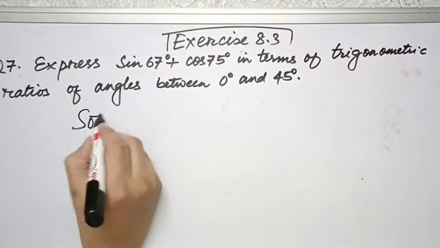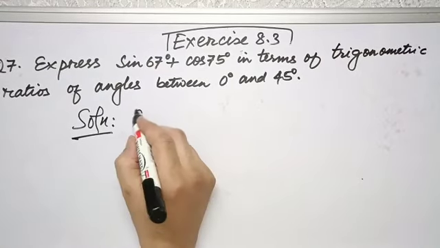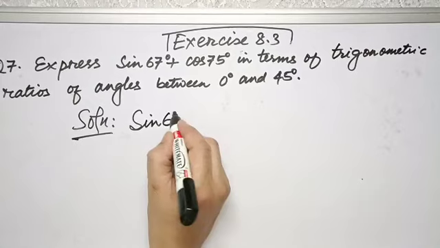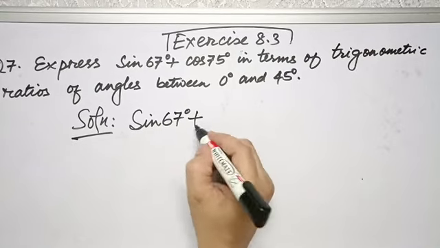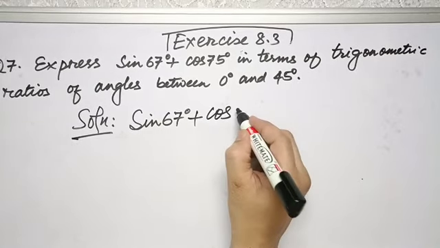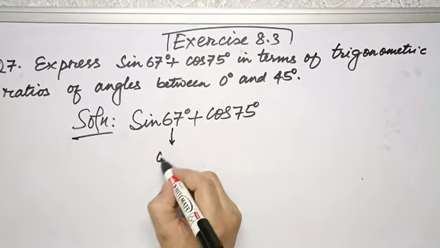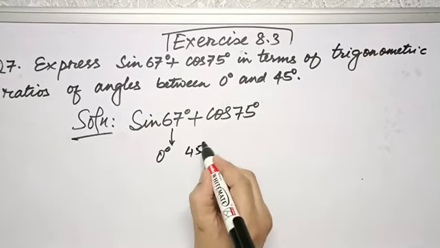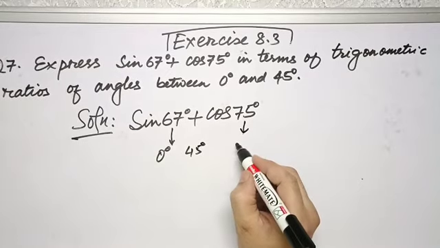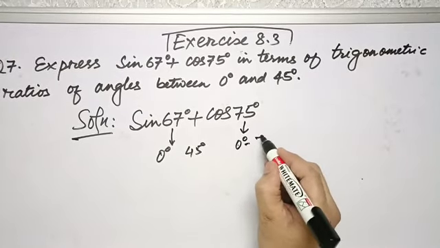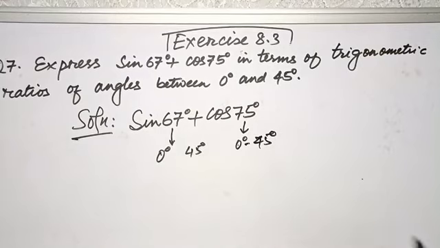the question says what? Let me write here, sine 67 plus cos 75, and this angle has to be between 0 and 45, and you know how to get it.